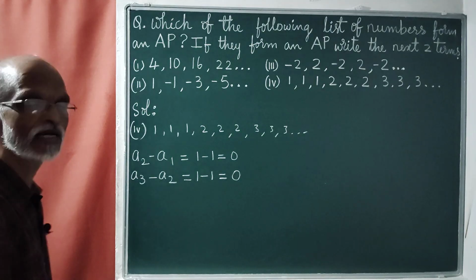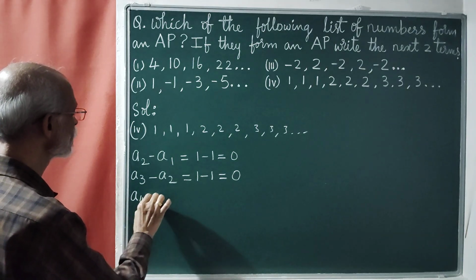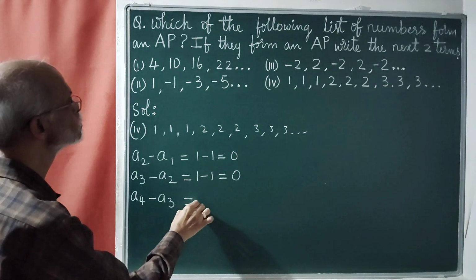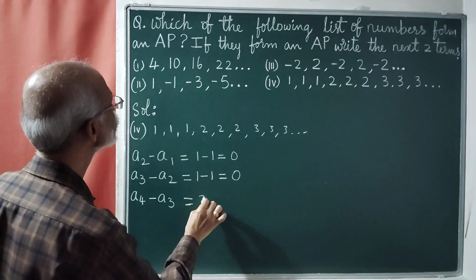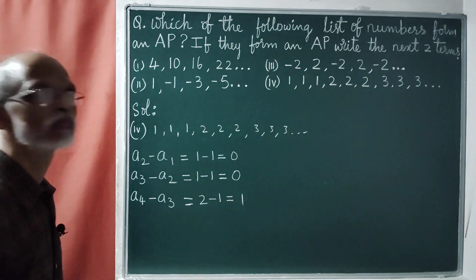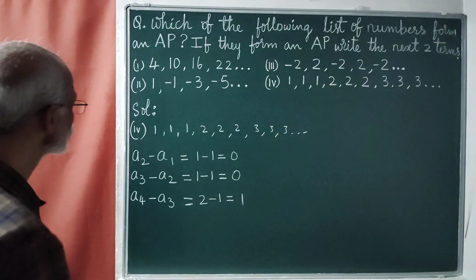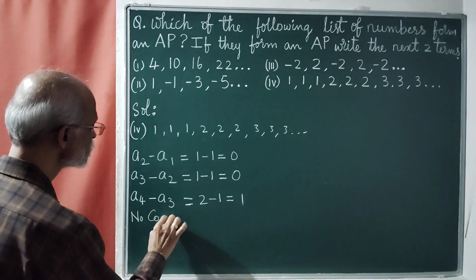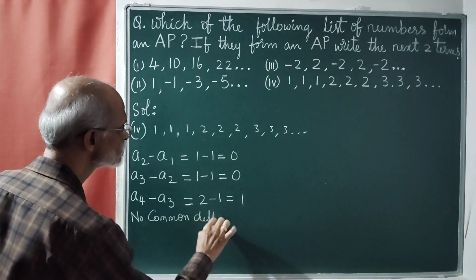Next we will move further. A4 minus A3. What is A4? A4 is 2. So 2 minus 1. Here we can see that there is no common difference.